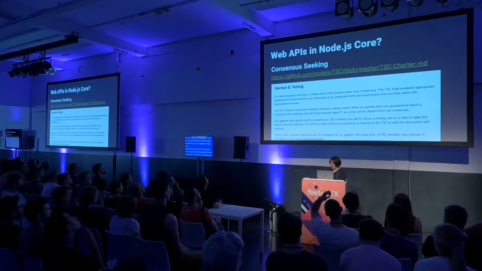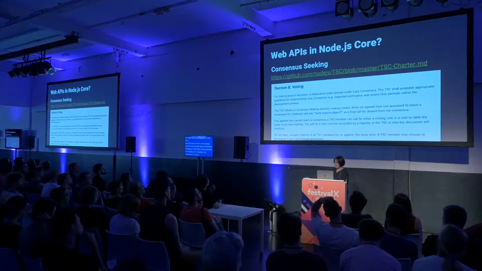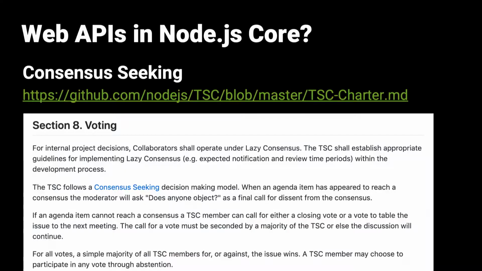Everything I'm going to talk about later is in the context of the consensus-seeking model of Node core. Node core is operated under the consensus of over 100 core collaborators. These are contributors who have write access to the repository. For every technical decision, any one of these more than 100 Node core collaborators could raise an objection.